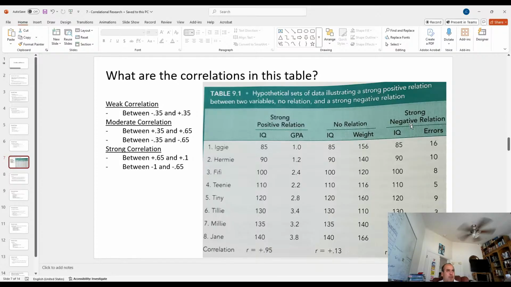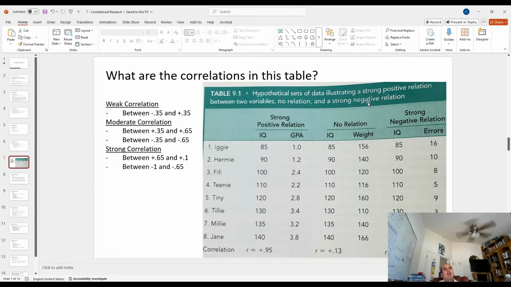Okay. And then you have a strong negative relationship in the last 2 columns, which is how many errors a kid has on an exam, right? And as you see here, there's a very strong correlation. If a kid has an extremely high IQ, they probably don't even need to study and usually still ace the exams, right?